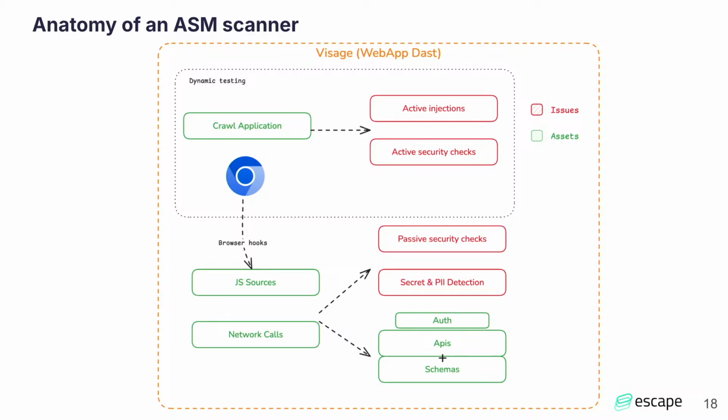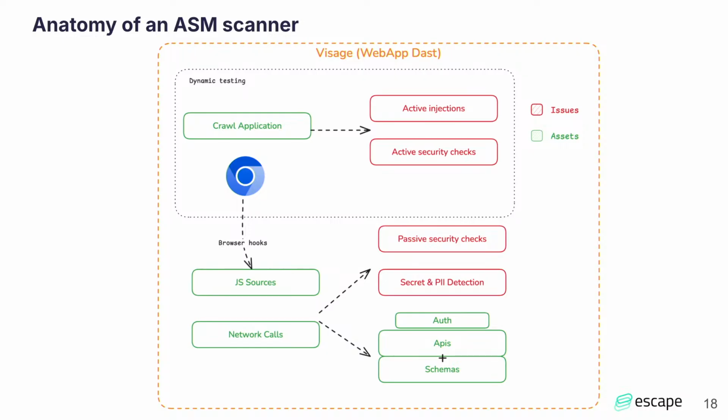Let's take a look into one of those scanners, which is the main one that we used in this research. It's our web application test, because those were mostly web applications. Basically how it works is that you take the application, you start a browser, you go to the application, you crawl it with some AI or different techniques to get into all the possible paths. And then we perform some injections and security checks to find issues. While we are doing that, we hook into the browser, so we are able to get all the JS sources of the application, and we also hook every network call.